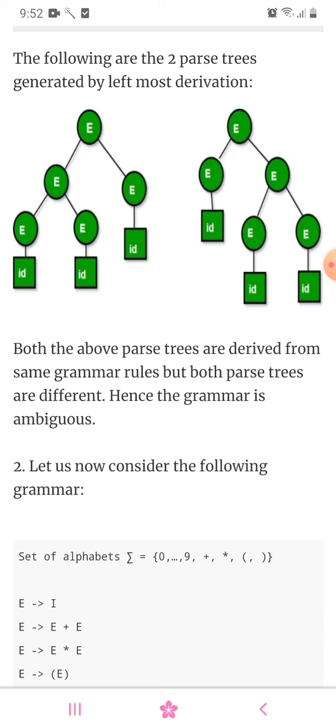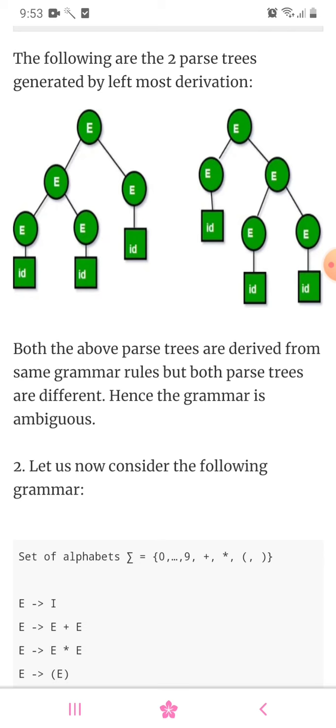First tree is E gives E plus E, then E gives E plus E, then E gives ID. For leftmost derivation, the right side is E gives E plus E and E gives ID.